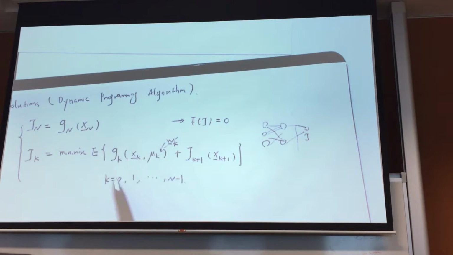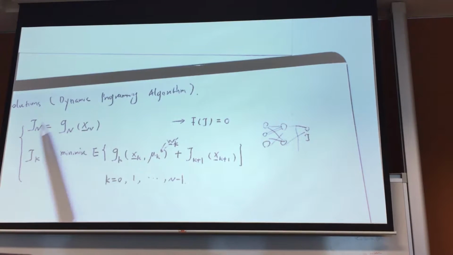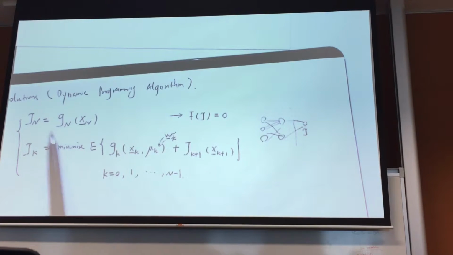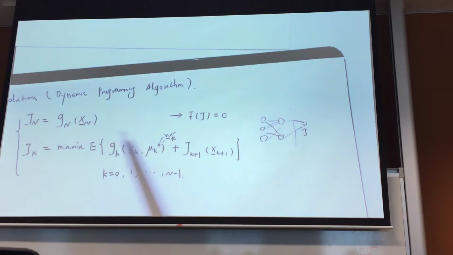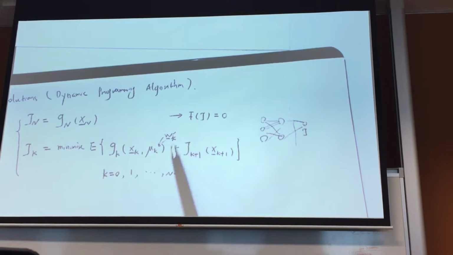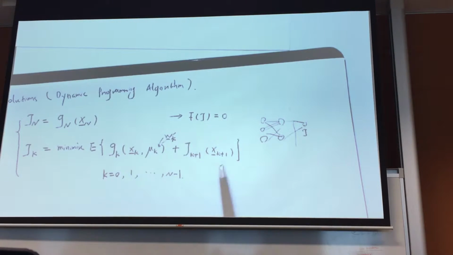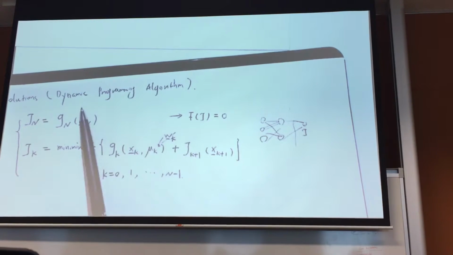So the first step is quite straightforward to understand. It's just the cost function in the final state. Then the iterative part, the idea is to minimize the function that's for the case step, and this part is the optimal solution that we already established from previous step.